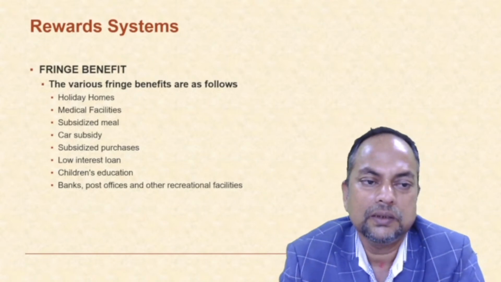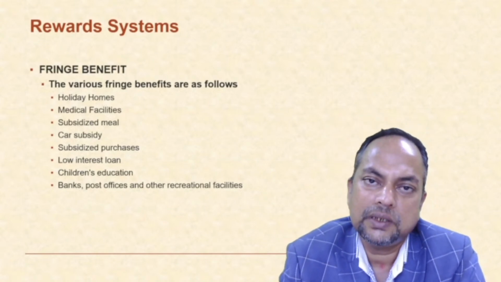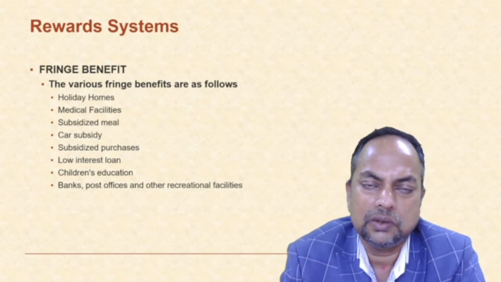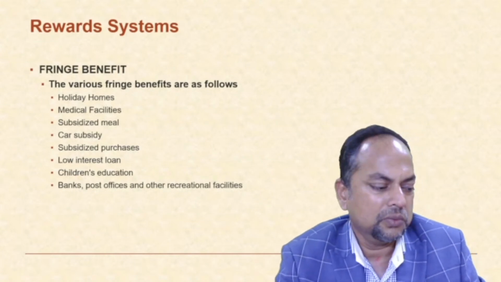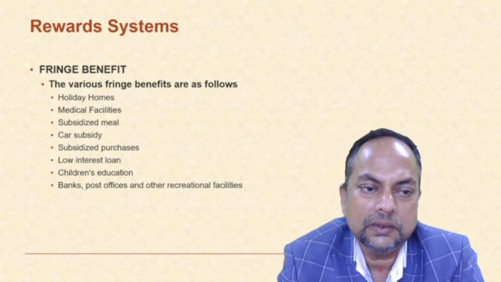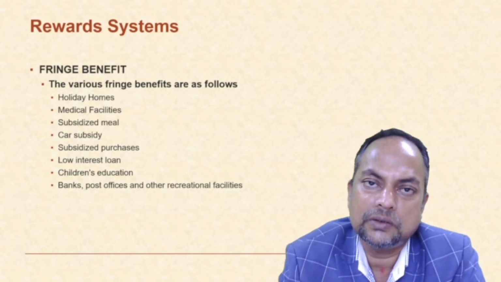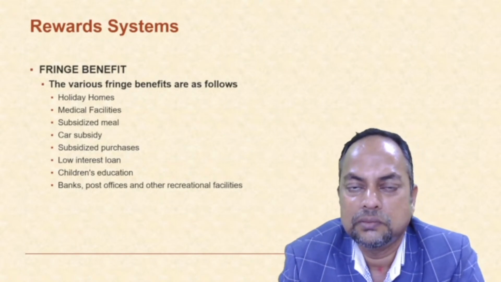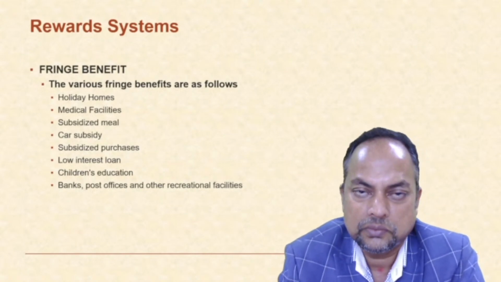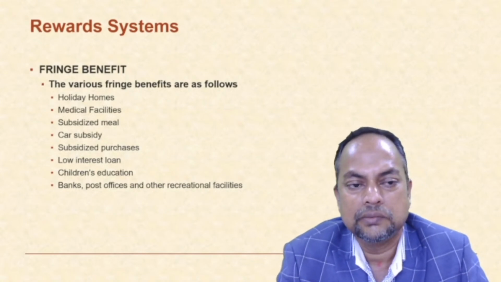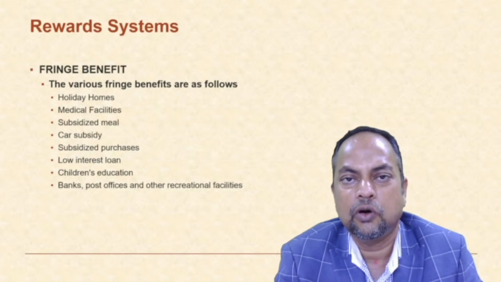We do talk of canteen facilities, and the most important aspect is the subsidized meal, which is almost around 50% of the normal cost of a meal available in the market nowadays. Right? So subsidized food in the canteen is an additional benefit given to the workers, and this subsidized meal is applicable for all the workers.